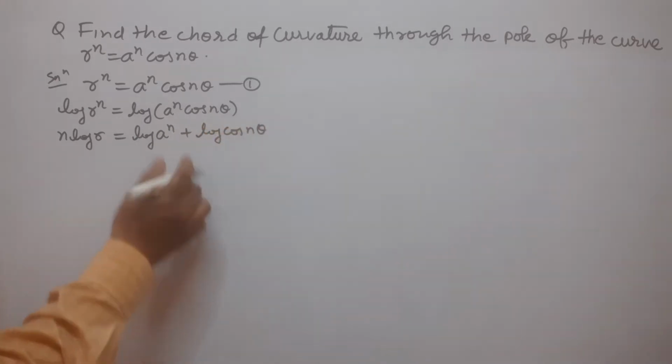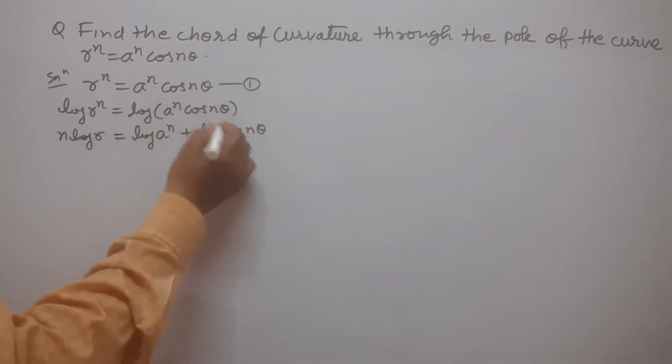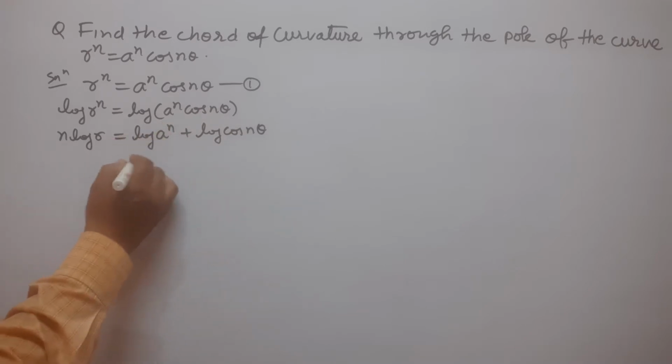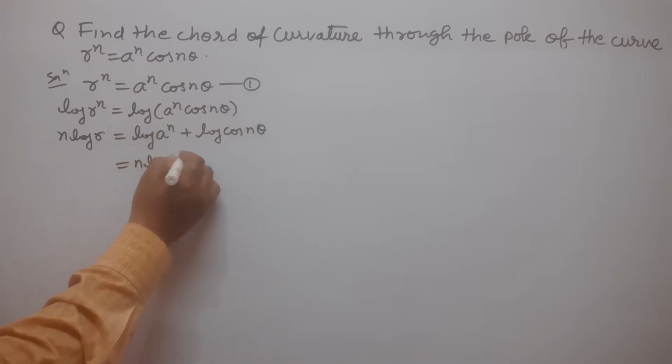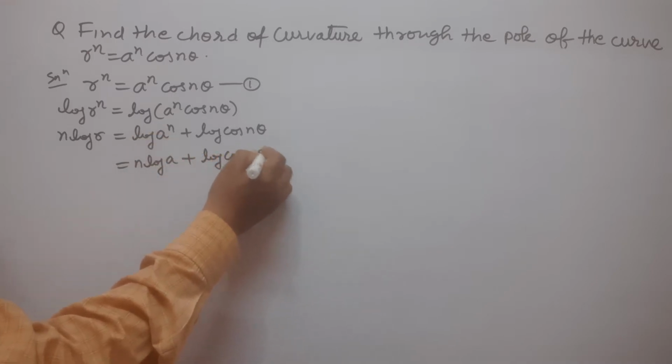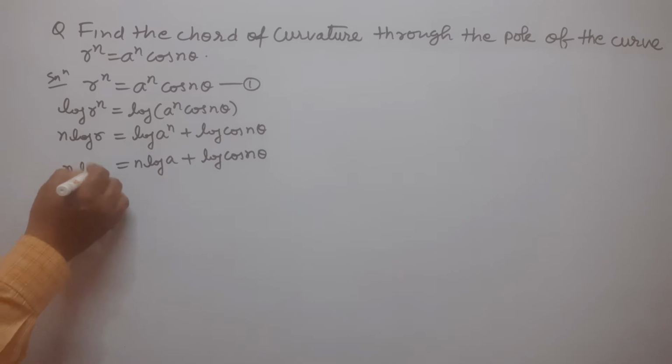So this is equal to log a to the power n plus log cos n theta. Now this log a to the power n can be written as n log a by the property of logarithm, and this is log cos n theta and this is n log r.